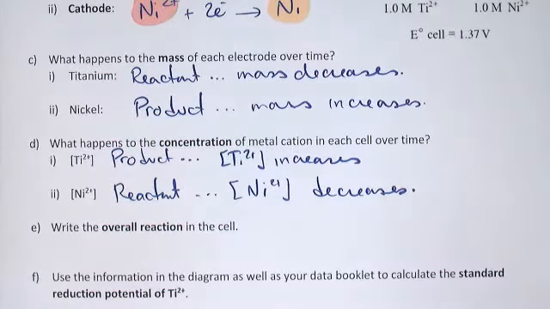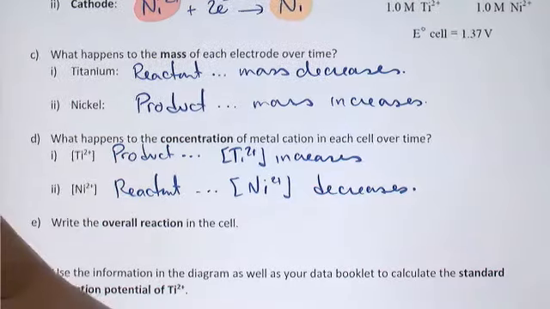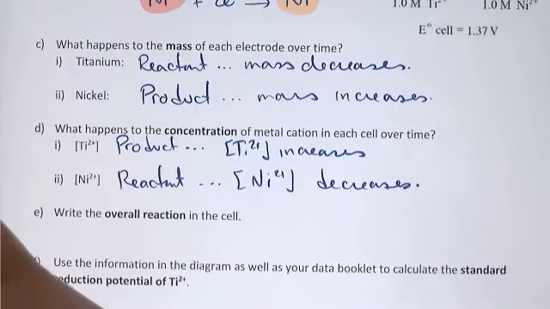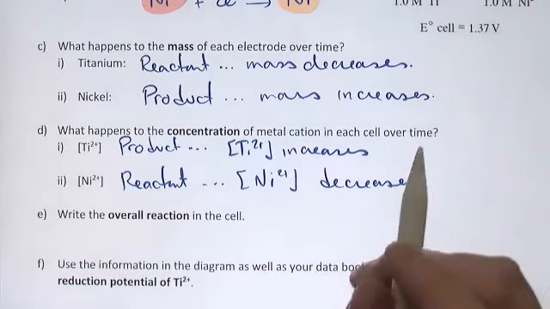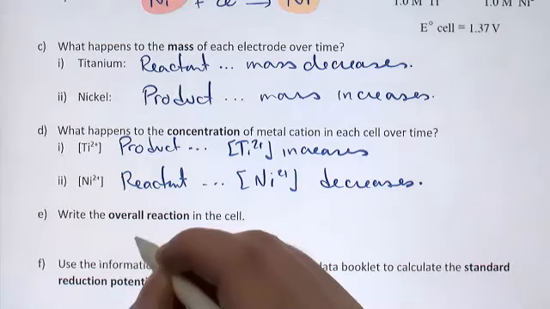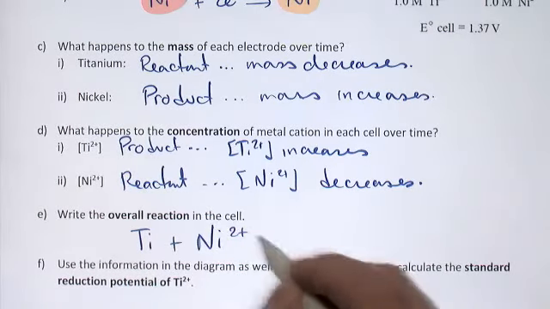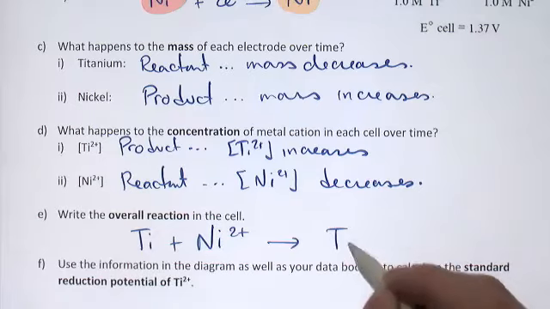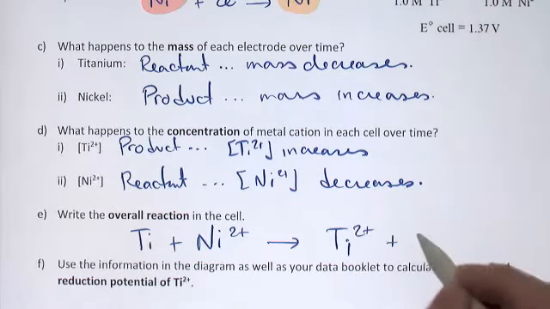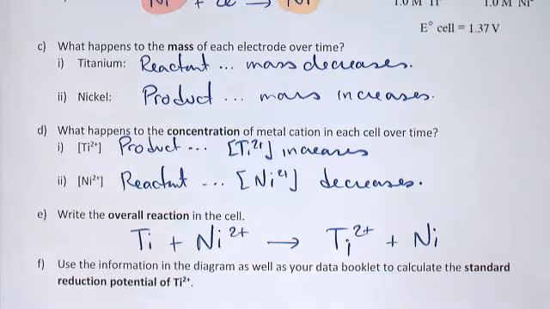Okay. Give me the overall reaction for the cell. Just take your two half reactions and put them together. So it's easy, everything gaining 2 and losing 2. You don't have to multiply by anything.